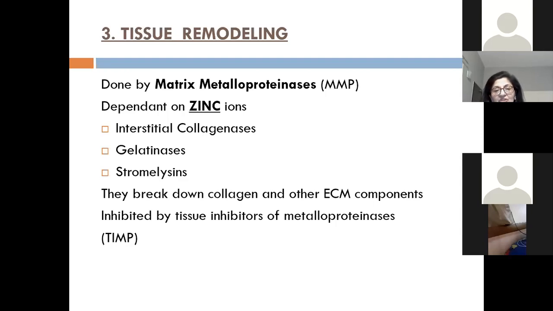Okay, so where extra collagen has formed, or extra gelatin, or other extracellular matrix, it breaks that down and brings it into shape. So this is called tissue remodeling, and this is done by matrix metalloproteinases, MMPs. And once it's done, then they are inhibited by tissue inhibitors of metalloproteinases. Once remodeling is done, these enzymes are inhibited by their opponents.